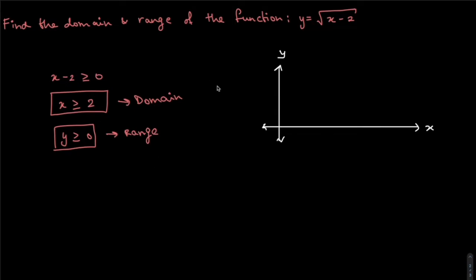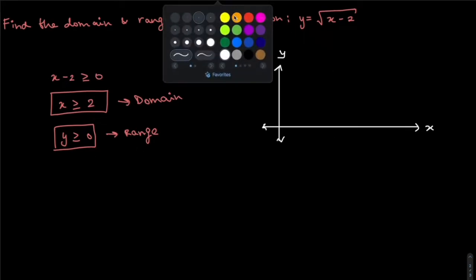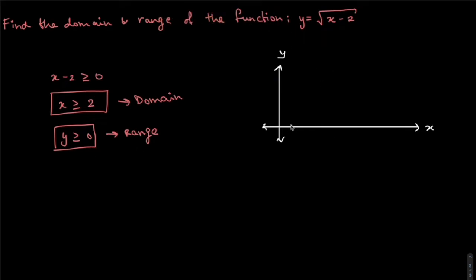That is the lowest possible value of x I can take and the lowest possible value of y I can take. I'll change the color to yellow again. If this is 1, this is 2, it's going to be somewhere here, and then it's going to follow the general curve of a radical function. It's going to increase slowly like this. So I've drawn the general curve and found the domain and range quite successfully.